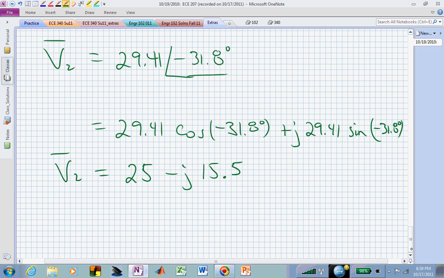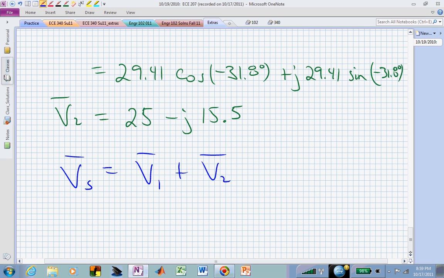We now know from our KVL equation that V sub S is V1 plus V sub 2. And V sub 1 was simply 480 at 0 degrees, and V sub 2 we just found to be 25 minus j 15.5.